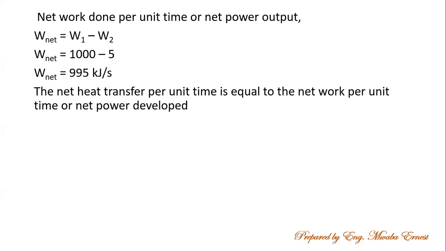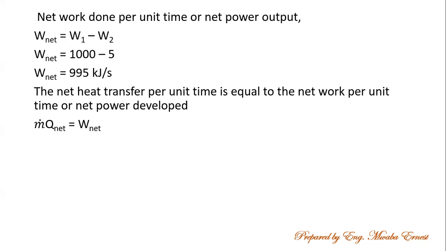But there is a problem: the units are not talking to each other directly. That's where we come in with this expression on the left. If I multiply the mass flow rate by the net heat transfer per kg, what I will have is in kilojoules per second, because the kg will cancel out nicely.